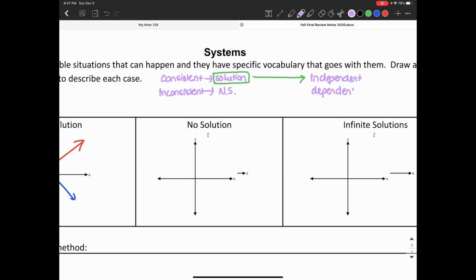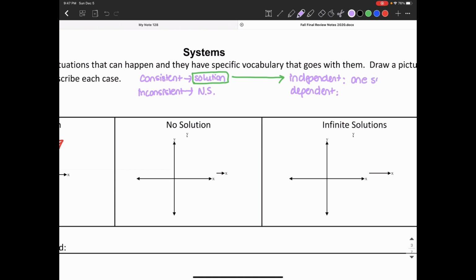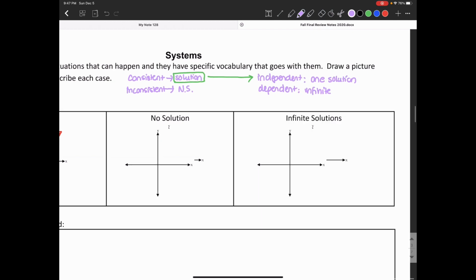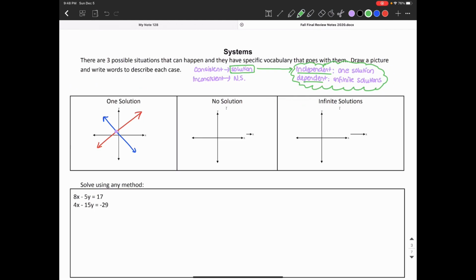Independent means that it has only one solution. Independent, that is a solution by itself. And dependent means it has infinite solutions. And those are the things that you need to specify. So if it has a solution, you need to say if it's independent or dependent.